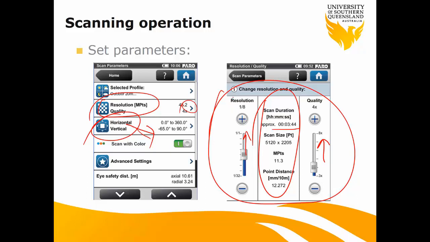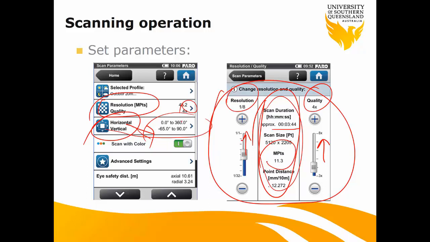That's certainly related to the resolution, quality, and also the scanning area. So if you change any one of these, that will affect this value. You can say that when you finish this scan station, you will get 11.3 million points.